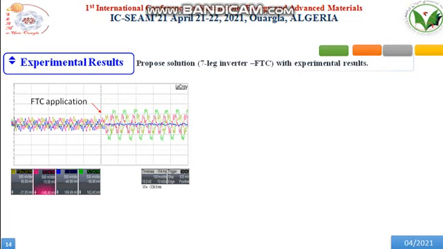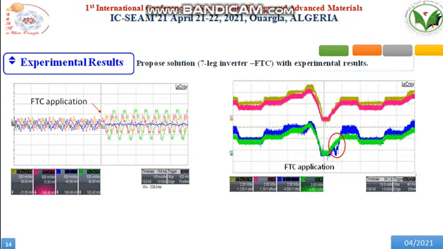This shows the currents of the induction motors: in the normal case A1, B1 and C1, and in the second case, when the fault occurs in leg B1, current B1 is replaced by N1 and currents A1 and C1 are raised by root 3 to keep the magnetomotive force constant as in the pre-fault case. This picture shows the speeds of the dual induction motors fed by the 7-leg inverter.